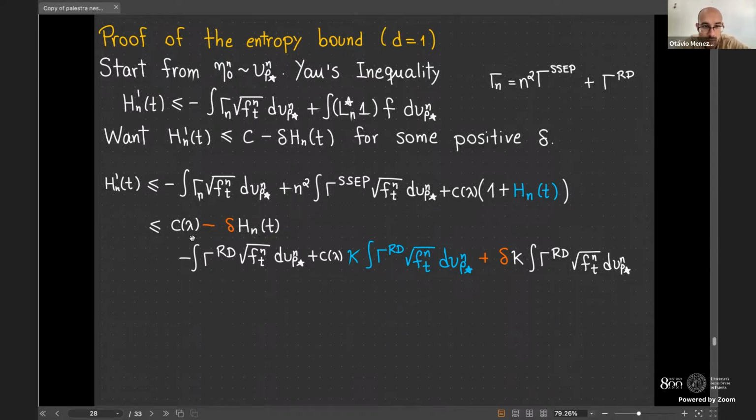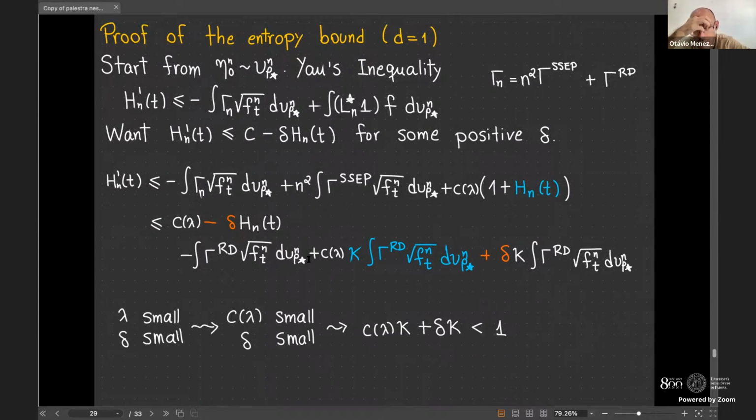So here we have the upper bound we need. We just need to somehow get negative terms. And here is where we need the strength of the perturbation to be small. There's a constant that shows up in the first bound, the bound of the arbitrary density, in which you have a constant in front of the entropy that depends on the coefficients of your quadratic function.